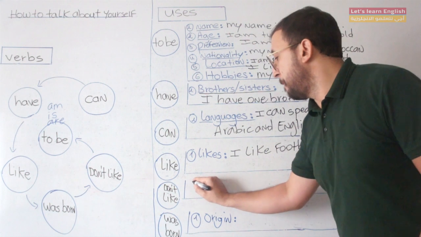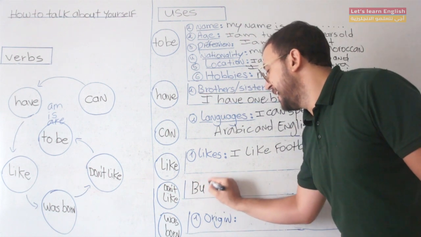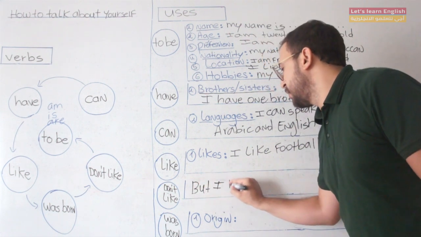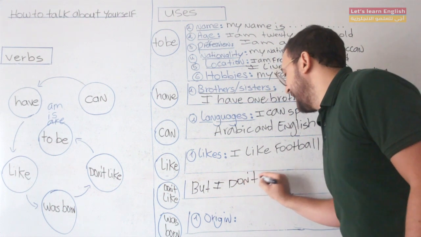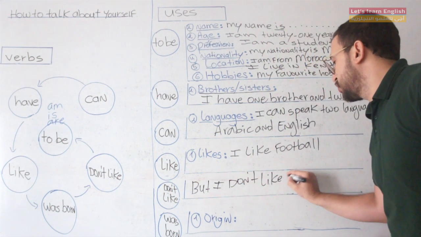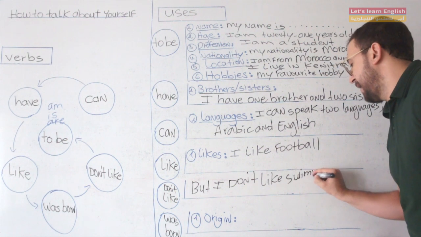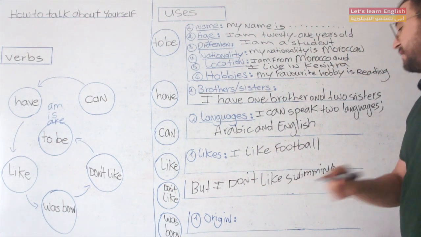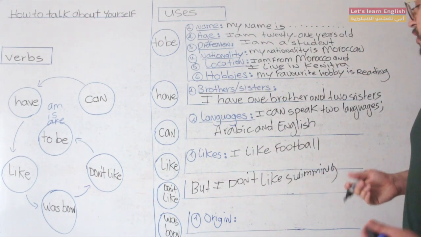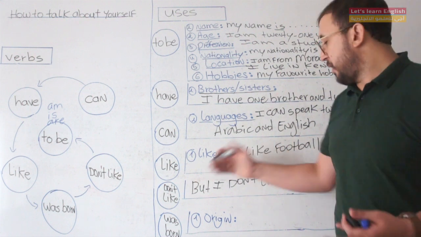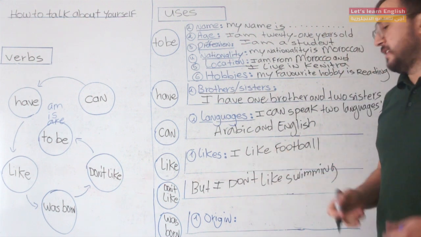I have to say but, ولكن, but I, for example, don't like, for example, swimming. أي سباحة, right? So, and you can say, for example, I, for example, don't like swimming. So, I like football, but I don't like swimming.